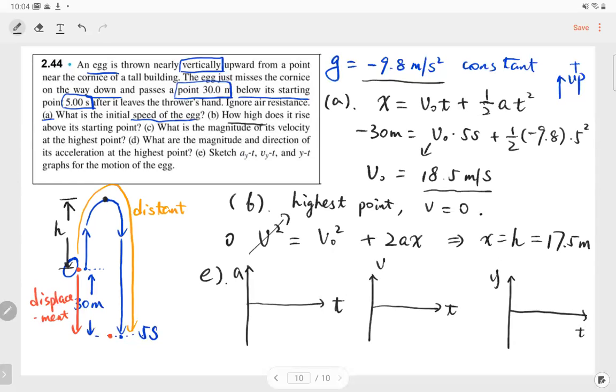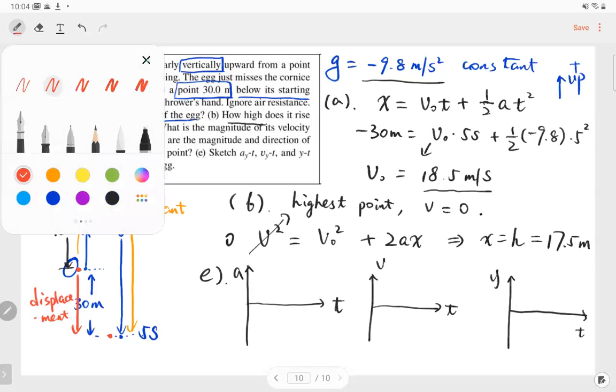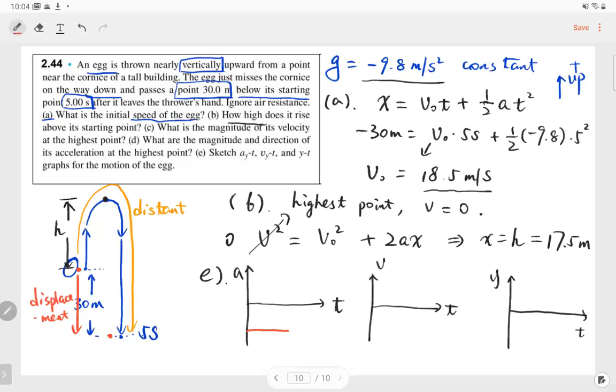Okay, the acceleration is negative and constant, so it's a flat curve. It's negative 9.8. And the velocity, at the beginning, is positive, it goes up, and then it reaches 0, then turns negative, and it's linear.